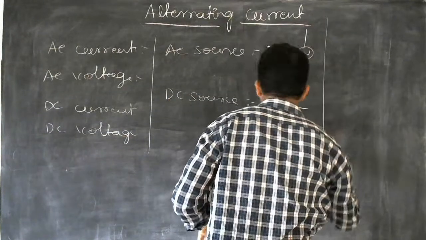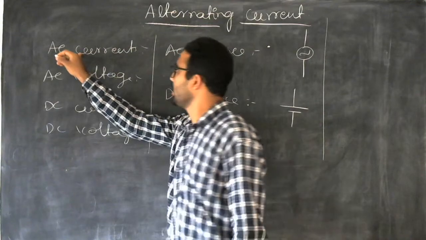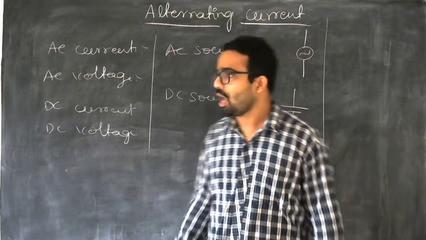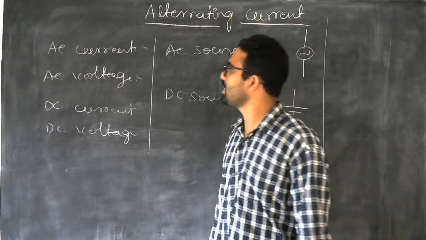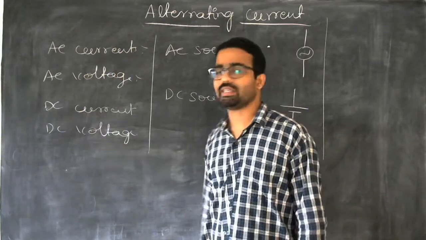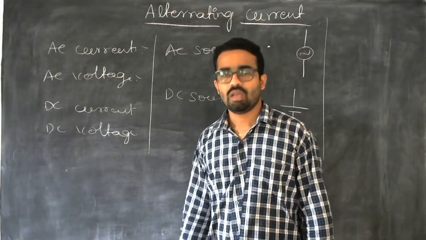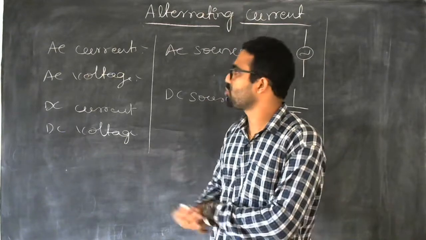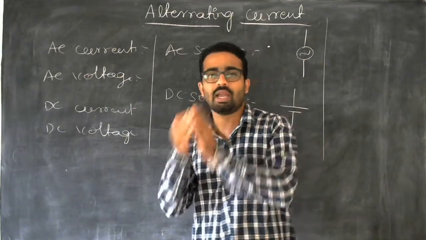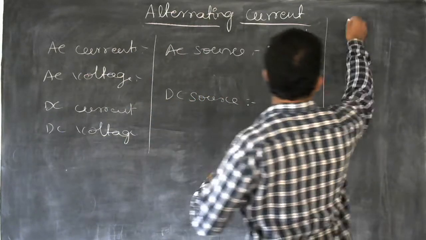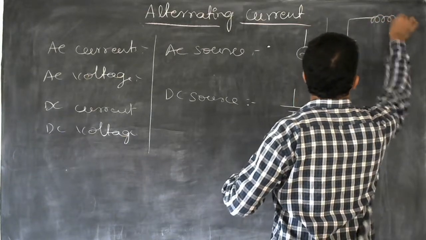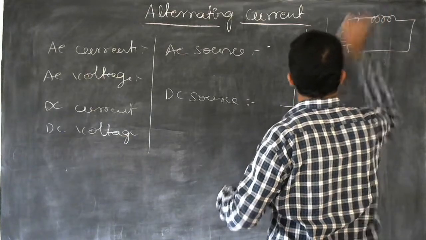And I told you two concepts. One is AC current, another one is AC voltage. Then how to represent AC current, AC voltage, as well as DC current and DC voltage? We will try to represent the values of currents. For example, if I draw a circuit like this, this is a resistor and current will flow like this.